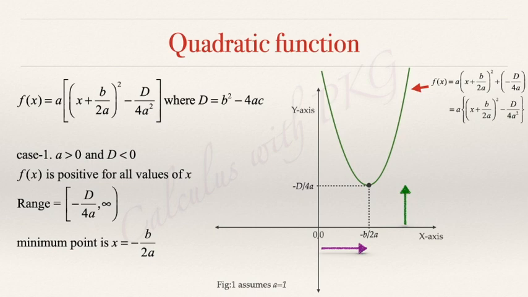So we can say the range is from minus d by 4a to infinity, a semi-closed interval, and the minimum point is x equal to minus b by twice a.